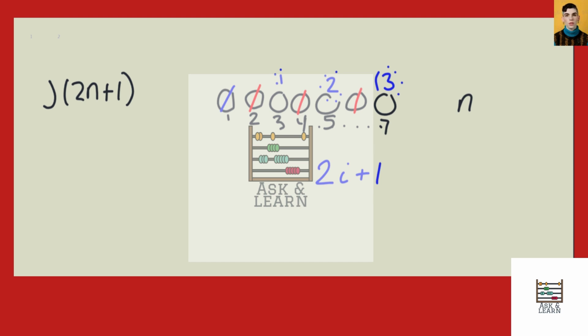Because these indexes are the indexes for when we just have n players rather than 2n plus 1. So we'll put J of n in for the ith case, and that'll give us that this is equal to 2 times J of n plus 1.